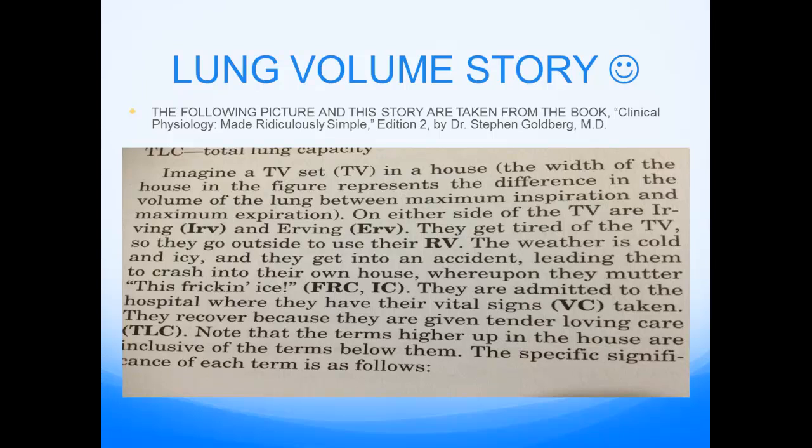They get tired of the TV, so they go outside to use their RV. The weather is cold and icy, and they get into an accident, leading them to crash into their own house, whereupon they mutter, "This frickin' ice," FRC, IC.